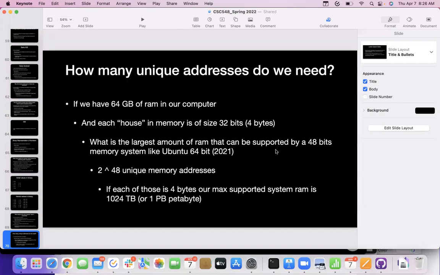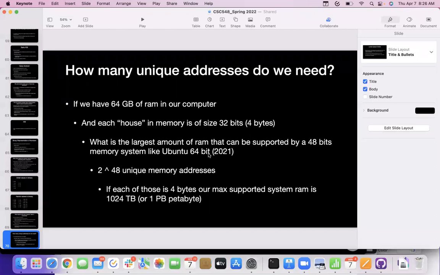When we say something has a 64-bit operating system, that typically means it uses 64 bits for its various operating system features. One of those features is memory management, and Ubuntu uses 48-bit memory addresses for user-level memory.